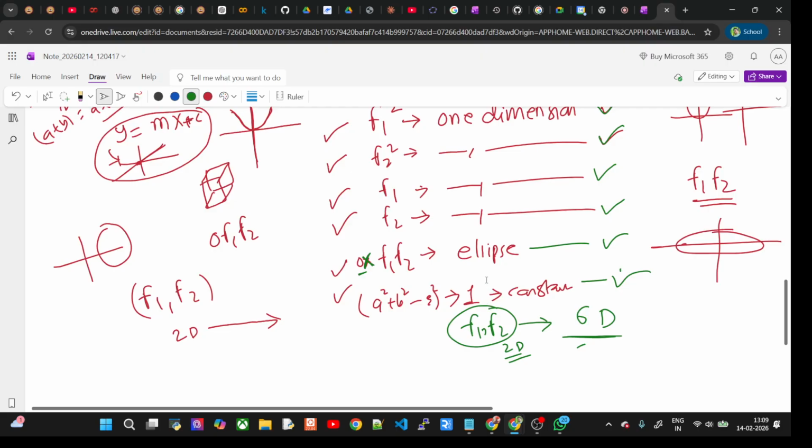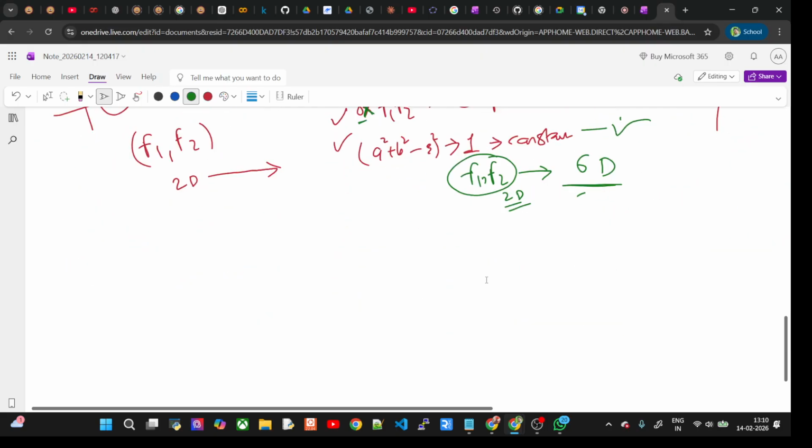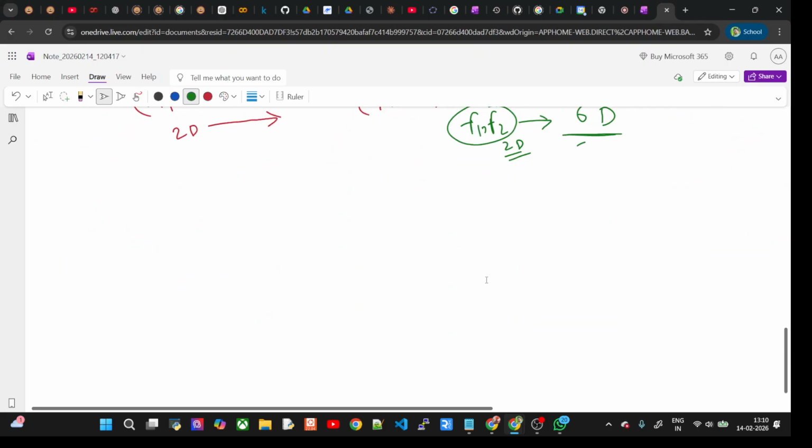And you will ask how does 2 become 6? Can 2 become 20? Yes, 2 can become 20, also 18. So how does it become 18? You are simply sending the two parameters from the lower dimension and projecting them into a higher dimension.